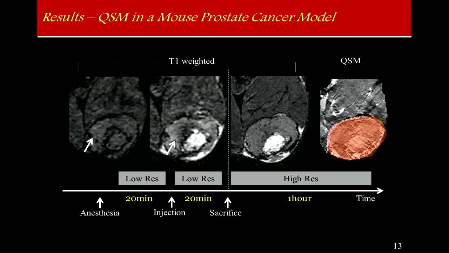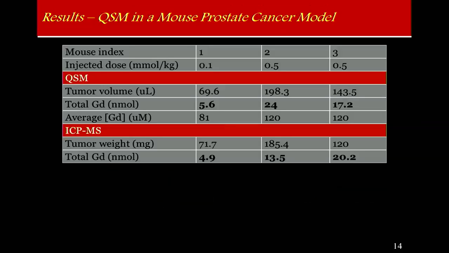And here, this orange oval indicates the region over which we perform the spatial integral to calculate the total amount of gadolinium. The comparison between the QSM quantified gadolinium and the ICP-MS quantified gadolinium is summarized in this table.